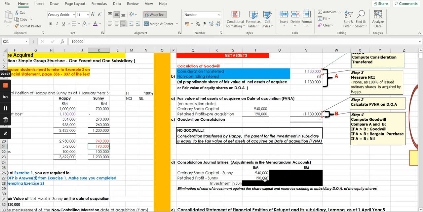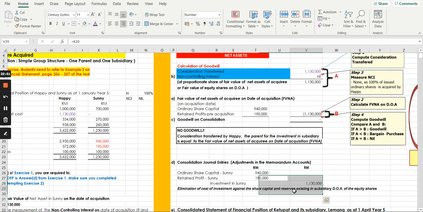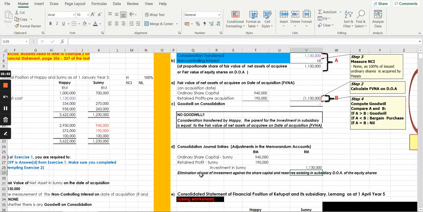So 190,000, and you are also going to eliminate the investment in subsidiary because now the subsidiary will become part of the group. So you are going to credit the investment in subsidiary. Once you do that, that is what you call the consolidation journal entry on the date of acquisition. So 1130. So you eliminate.